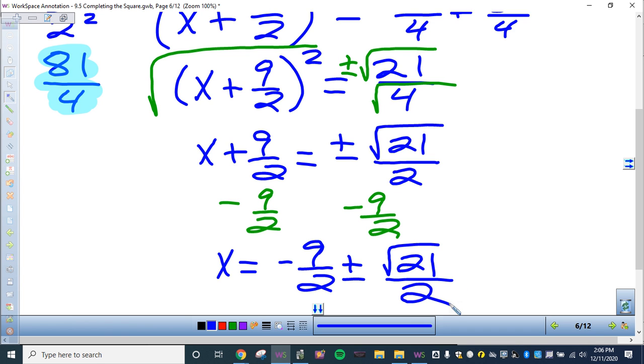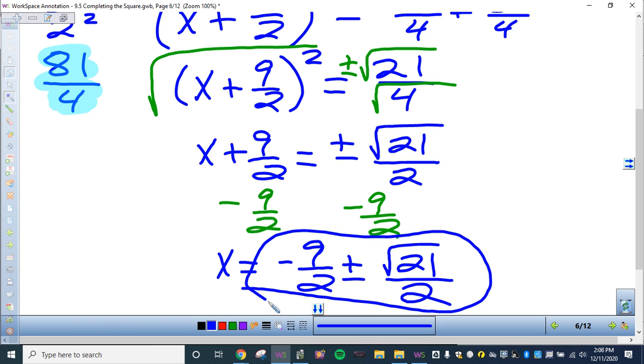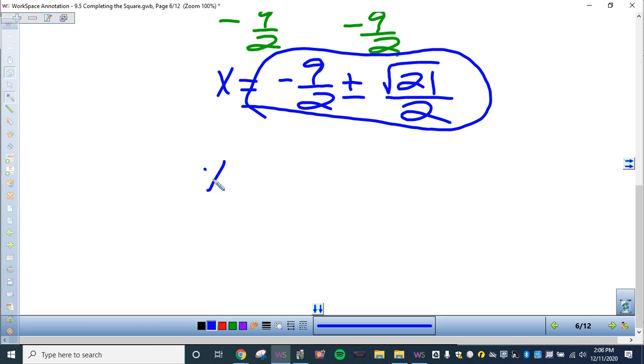So the very next section we're going to do involves quadratic formula. This right here is exactly what an answer looks like with a quadratic formula. Okay? Not always, but almost always it'll look just like this. So negative 9/2 plus or minus square root of 21 over 2. The only other way you could see it, like on a multiple choice, I just want to tell you this in case you guys do see it this way.